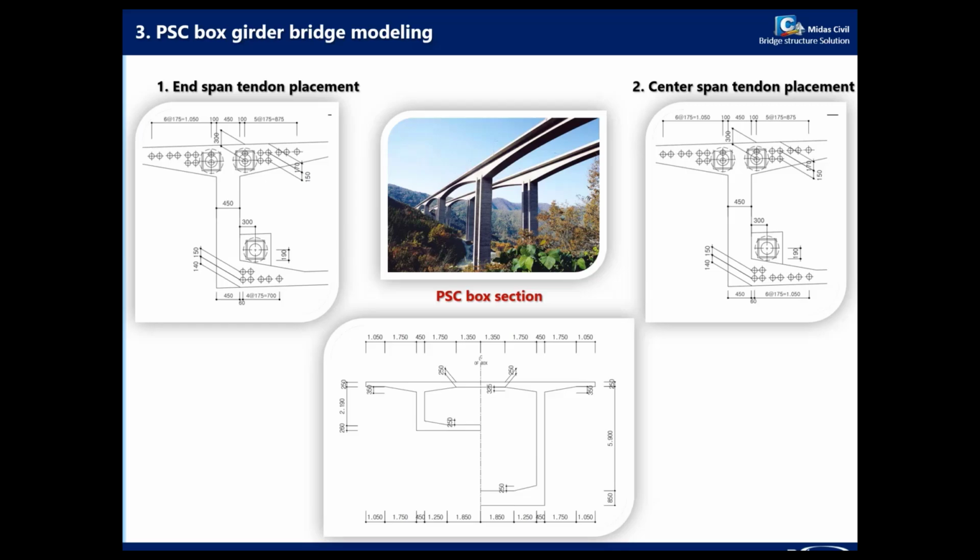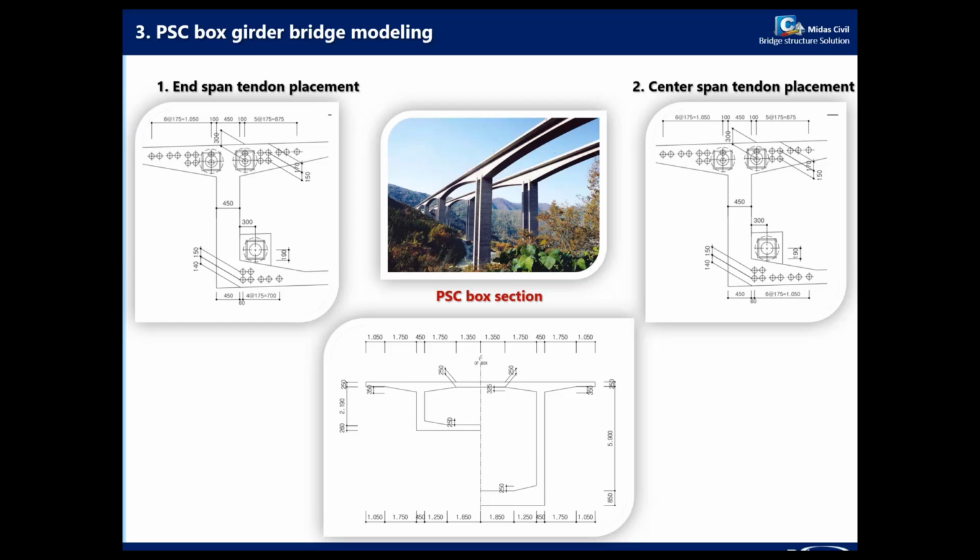And when you specify these two sections, Midas Civil is able to automatically generate the tapered shape that will be formed between them. So using the middle section and the section at the pier level, Midas Civil is able to make the tapered girder.